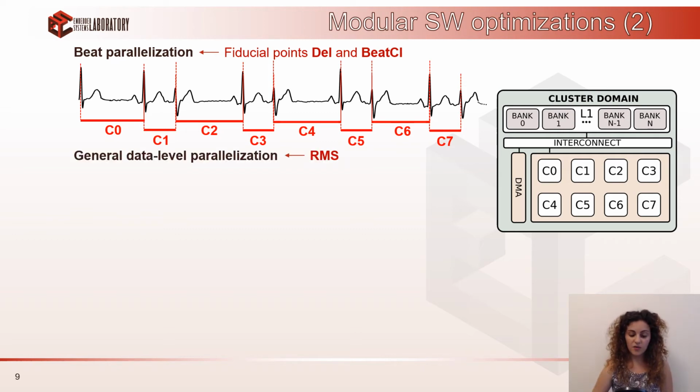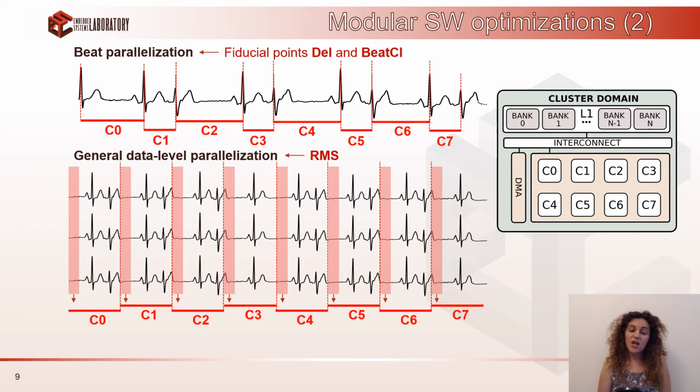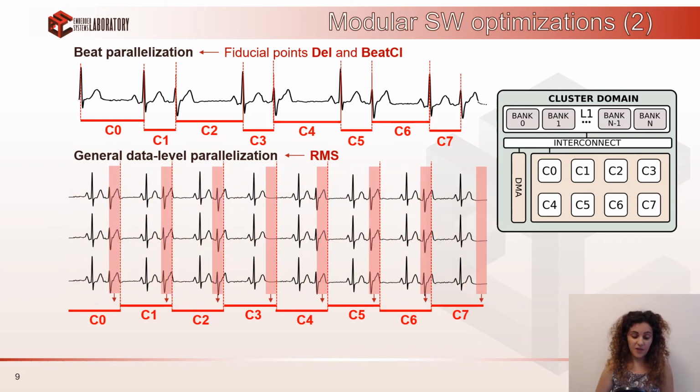Then, if none of these techniques can be applied, a general data-level parallelization can be implemented. This can be implemented on any inner kernel of the application. For example, we use it on the RMS combination. Each core receives a similarly sized subset of samples from all the leads, and it computes the RMS for the 3 samples of the 3 leads independently until the subset finishes.